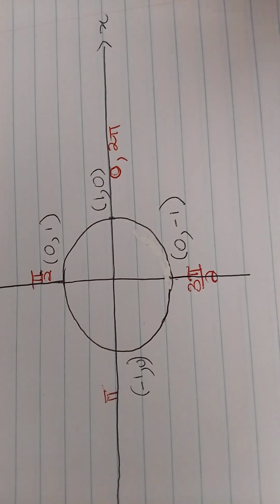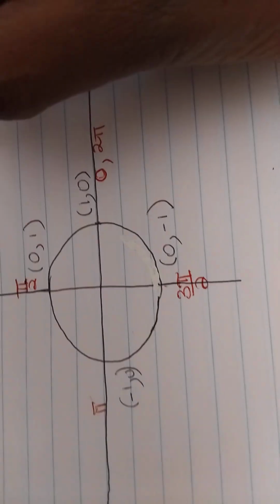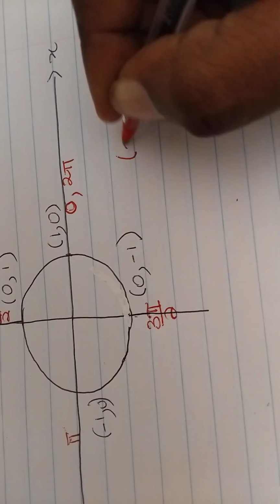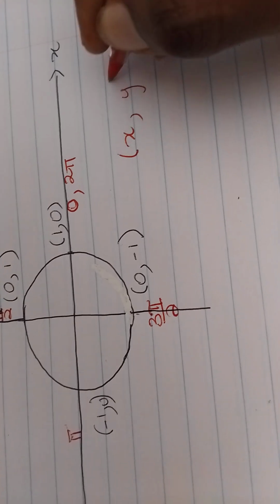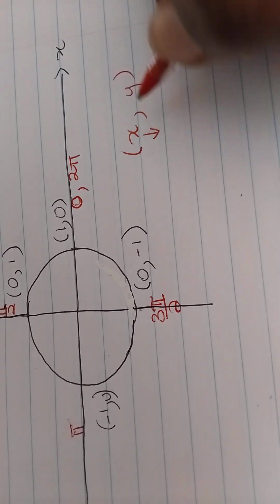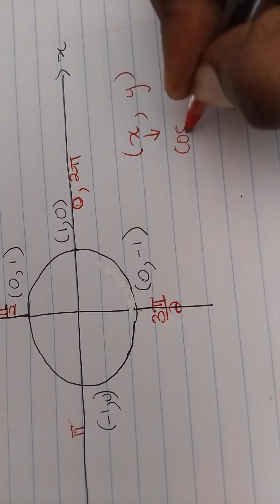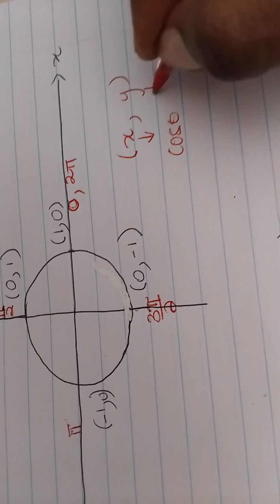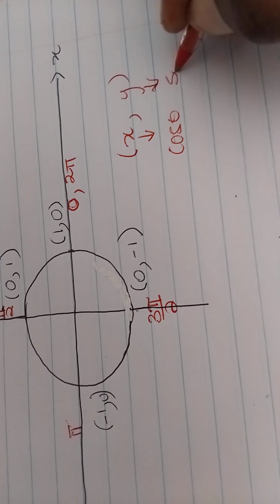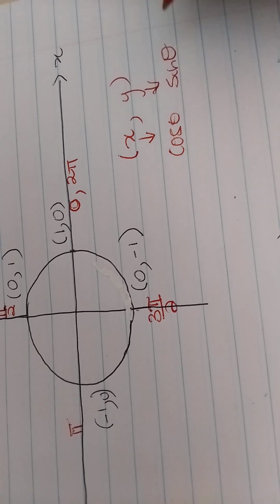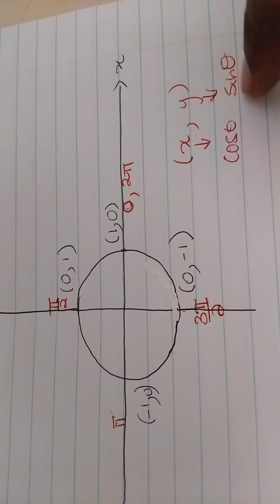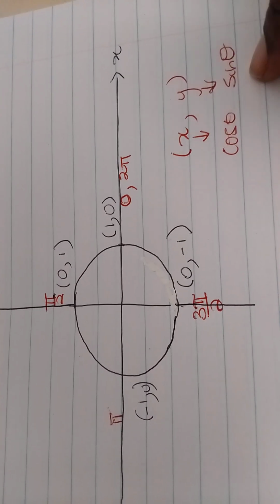We remember that when you have the coordinates x, y, then x represents the cosine of some angle and y represents the sine of some angle. This we did in trigonometry in algebra.